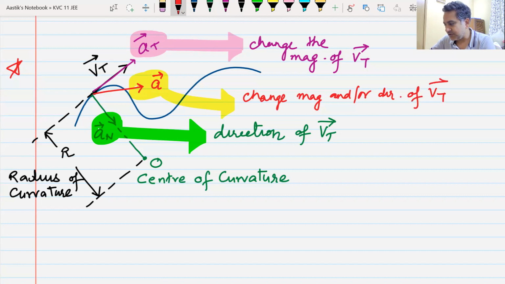So it can change either magnitude if it is only tangential. It can change only direction if it is only normal. Or if it is a combination of both, it can change both. Do you understand this? Yes, sir. This is how we define general motion. So I have given you that concept of general motion as well.